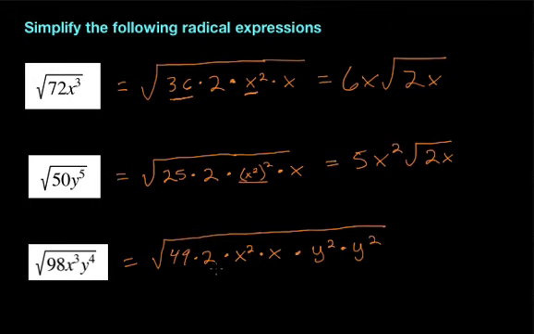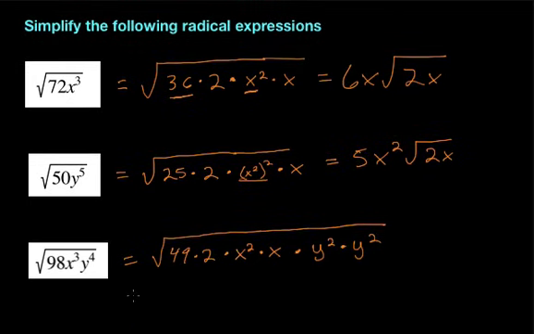Now, how can we simplify this? All right, well, we know that 49 is a quantity squared. That's just 7. I should say the square root of 49 is 7. The square root of x squared is x. The square root of y squared is just y. And the square root of y squared is just another y.